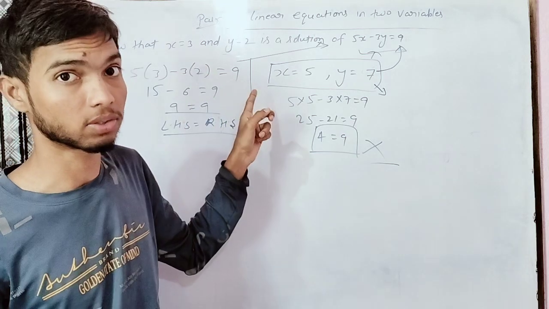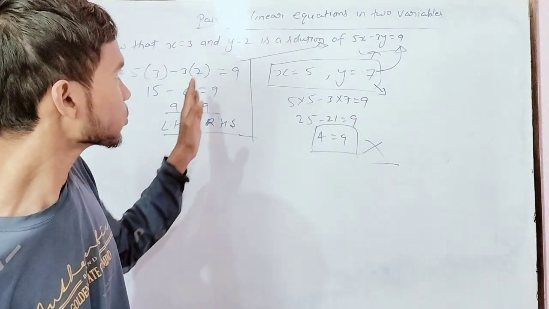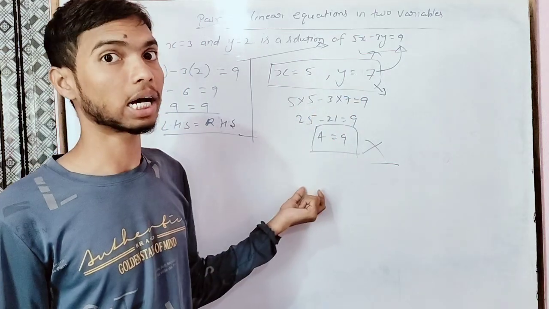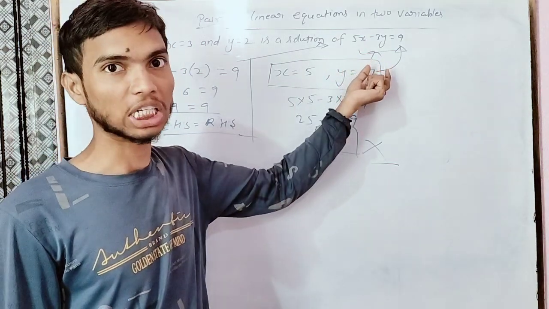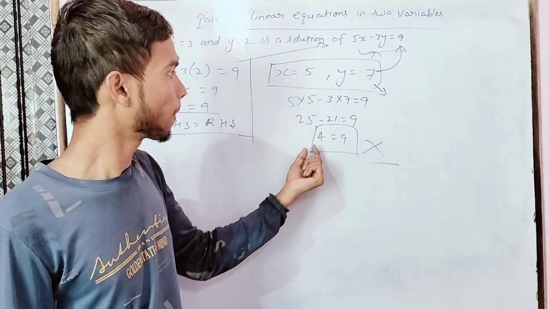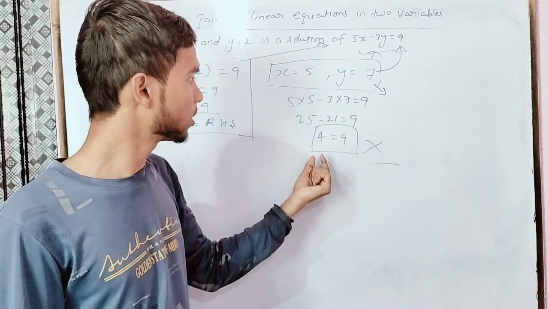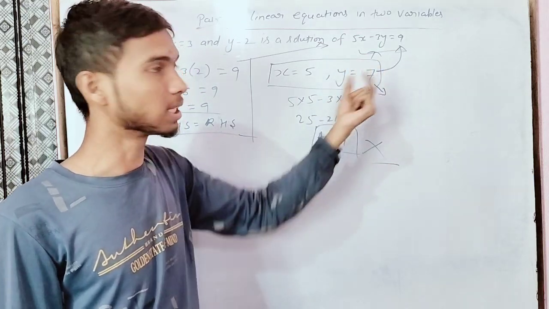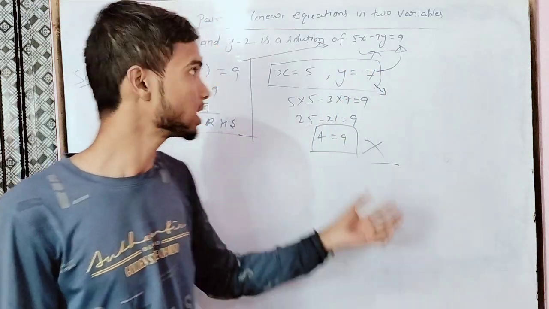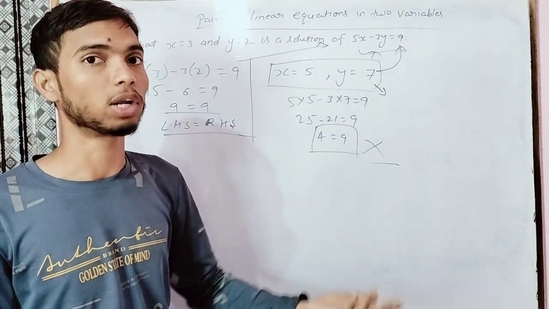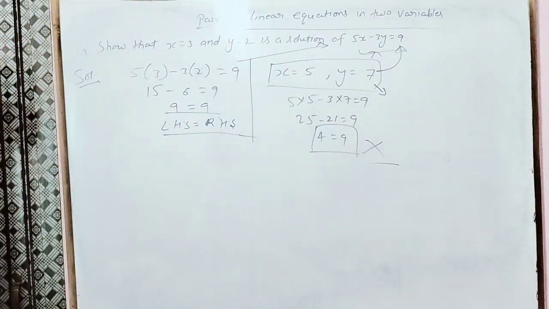This is the exact answer. And these are not the exact answer for this linear equation, because after substituting this, we didn't get LHS equal to RHS. That's why these are not the exact values of x and y.